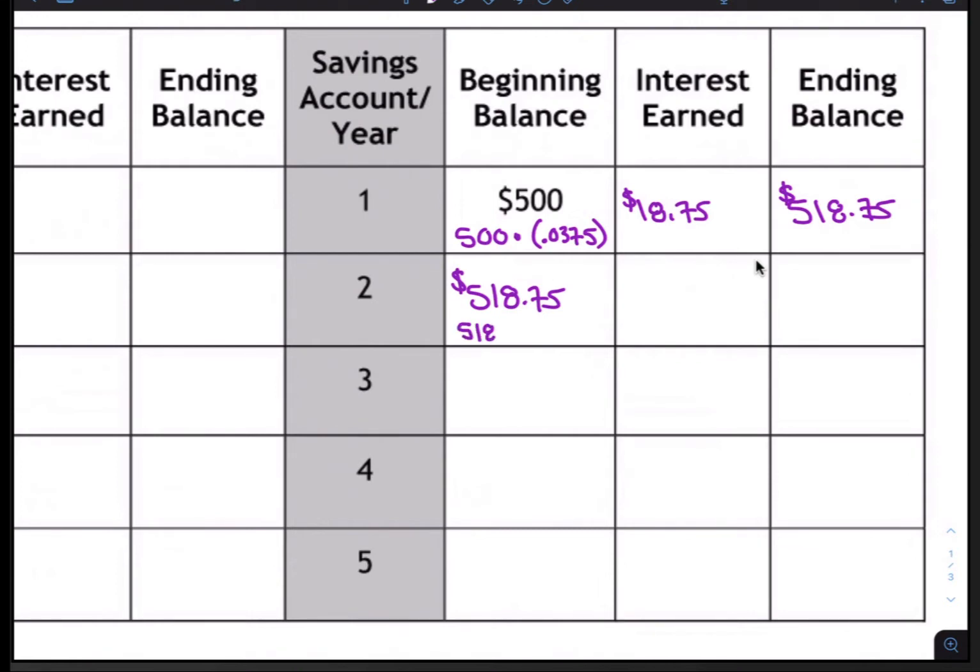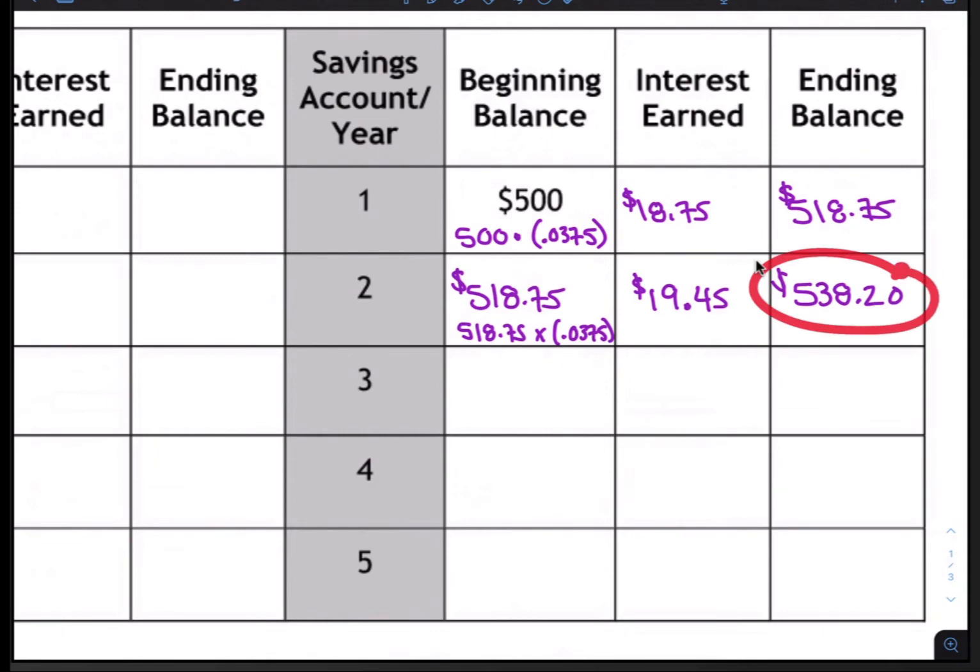So now 518.75 times 0.0375, that gives us an interest amount of $19.45. Now we'll take the 518.75 plus the interest of 19.45, and that would give us the ending balance at the end of the second year. So adding those two amounts, we get $538.20.